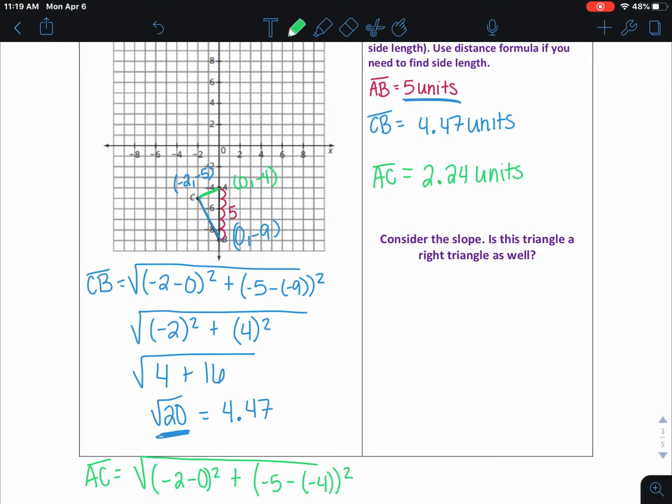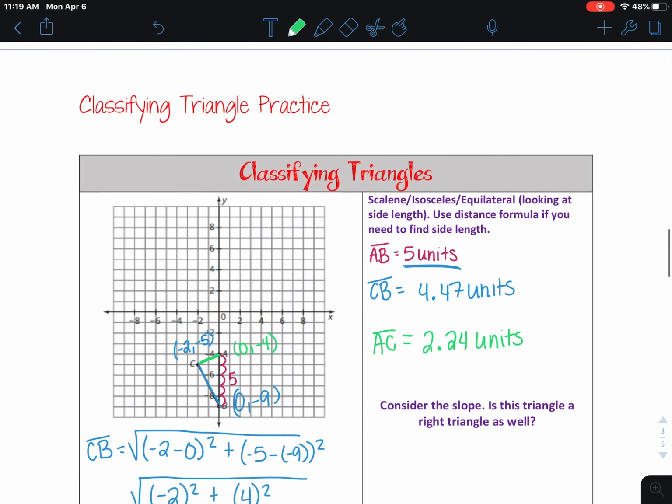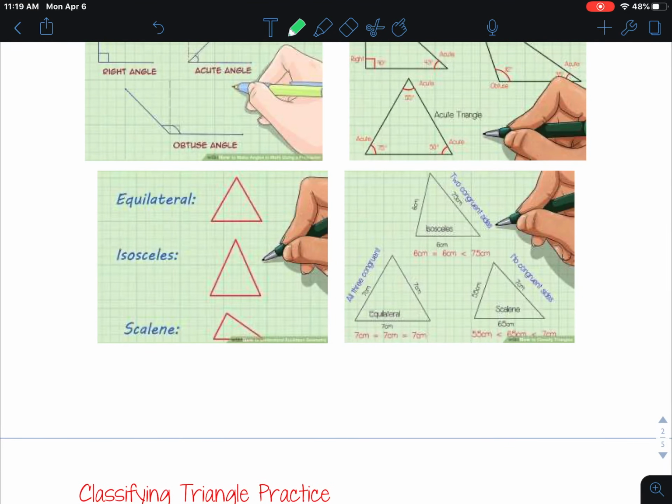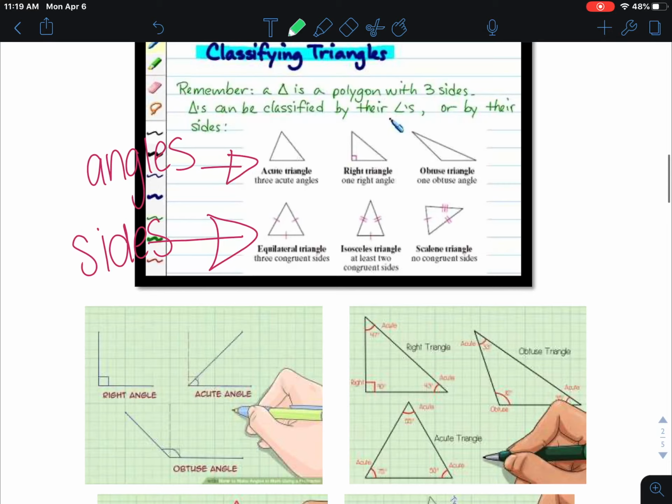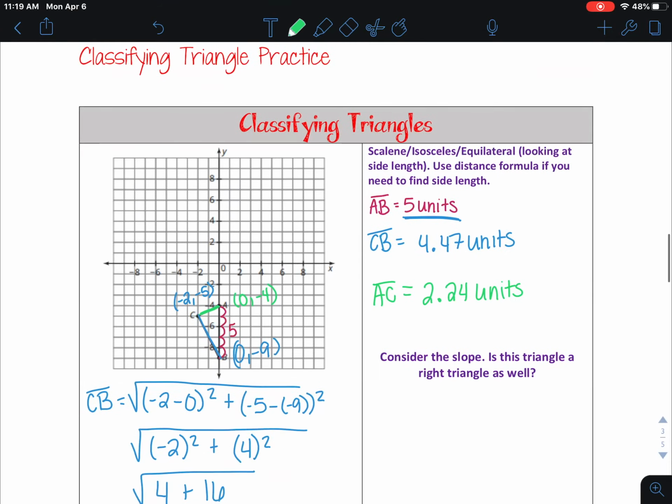Okay, so now that I have my 3 side lengths, I can classify my triangle based on those side lengths. And if you don't remember them, you can go back up here. None of our side lengths are equal, so it looks like no congruent sides is scalene.